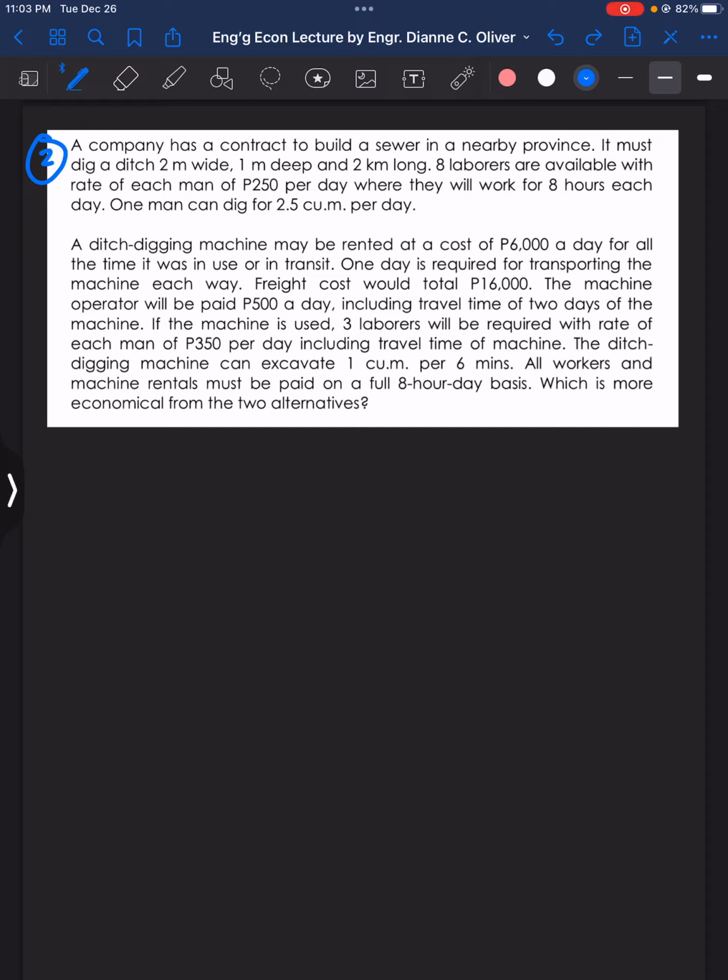So we have a project here to build a sewer in a nearby province, and its dimension is 1 meter deep, 2 meters wide, and it's 2 kilometers long. So that's the dimension of the ditch that is to be dug.